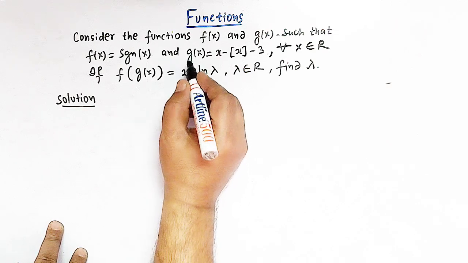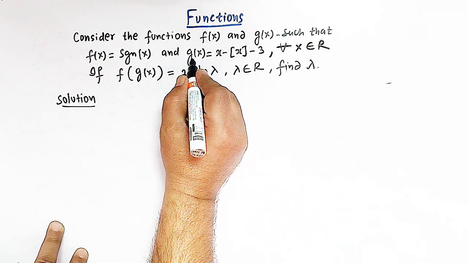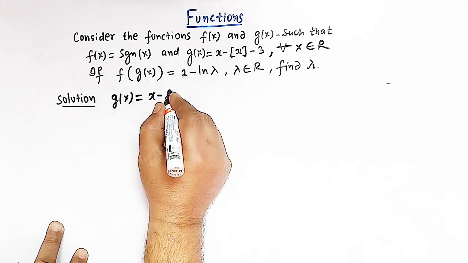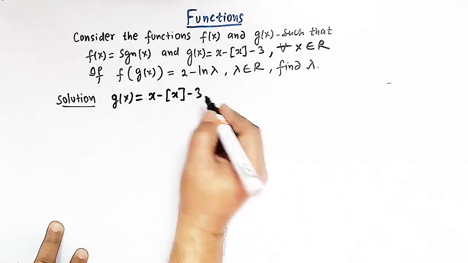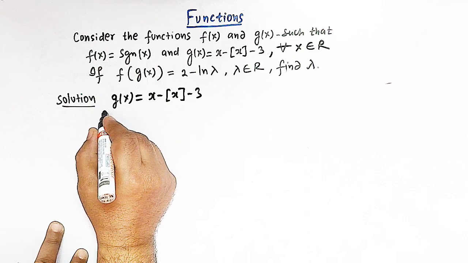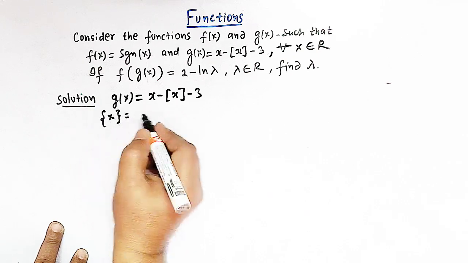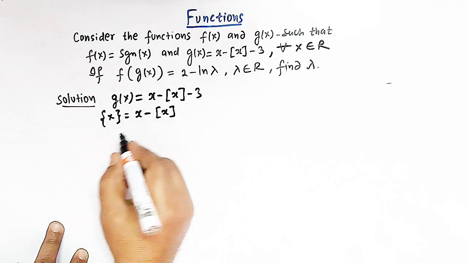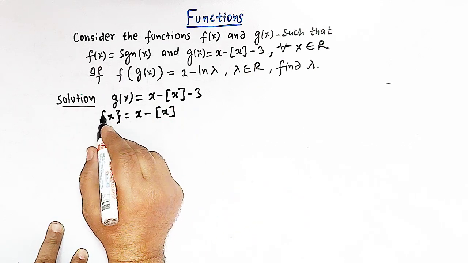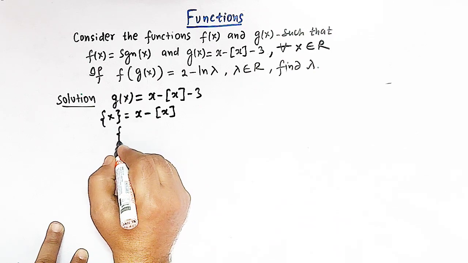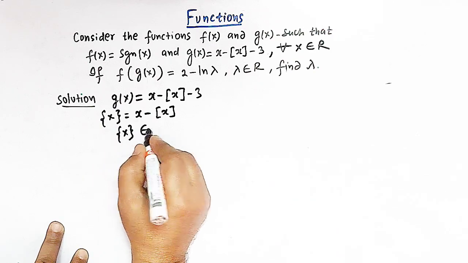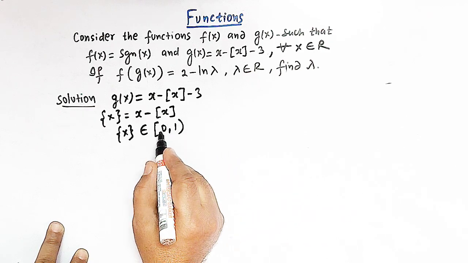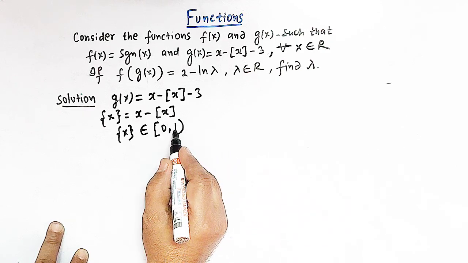Now let us start with the function g of x. So g of x is equal to x minus greatest integer of x minus 3. We know that the fractional part of x is defined as x minus greatest integer of x, and the range of the fractional part function is the interval 0 comma 1, where 0 is included and 1 is not included.